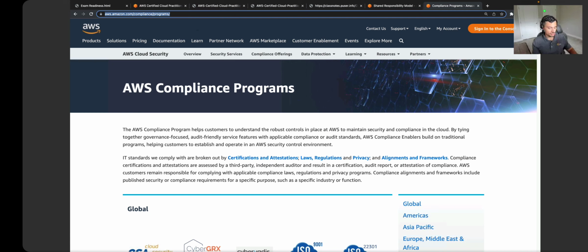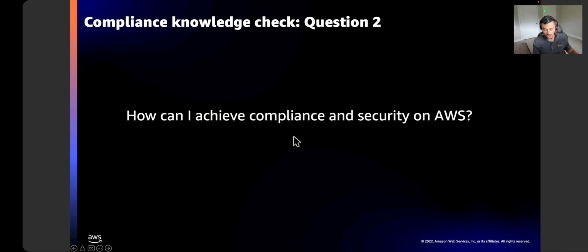We also put that in the chat as well. Right, so that's where we can find compliance-related information. Just remember, AWS Artifact is where we can find information and where we can review and accept certain agreements with AWS. That would all be within the Artifact service.